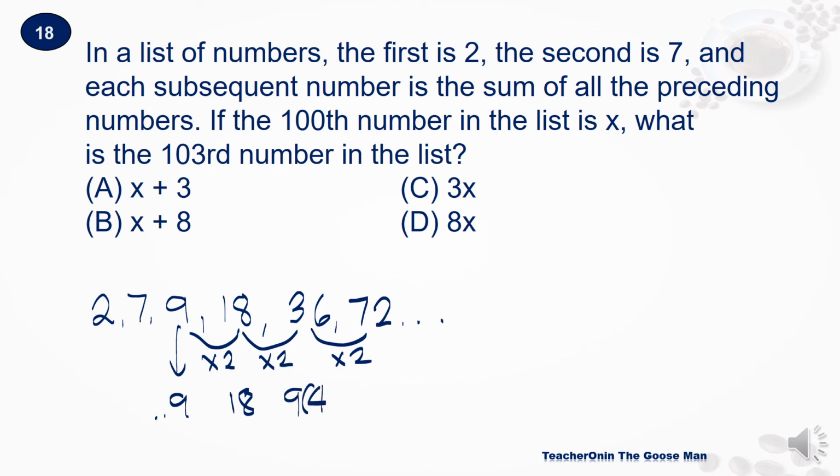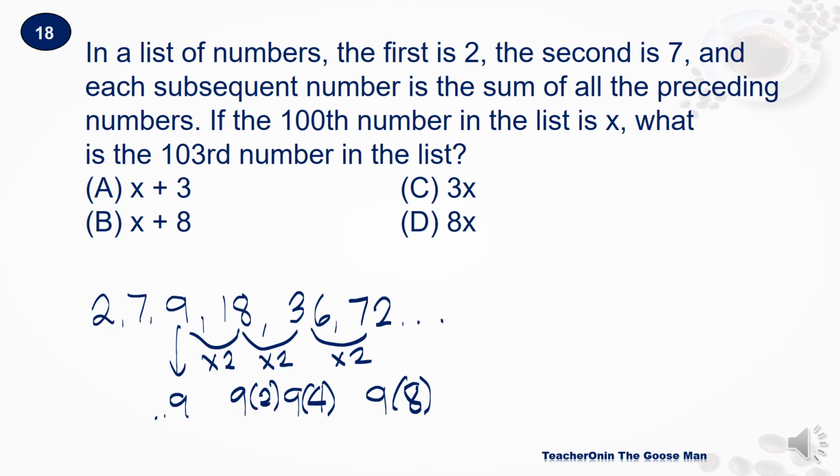And 72 is actually 9 times 8. In short, 18 can be renamed as 9 times 2.